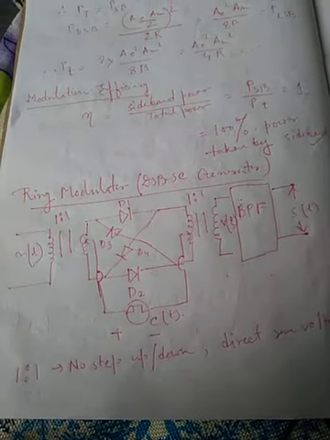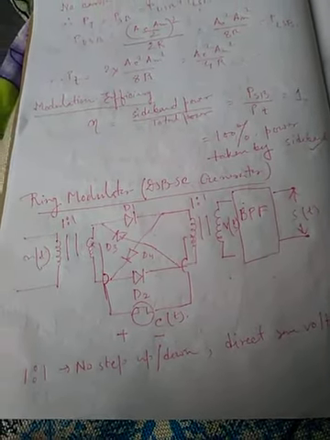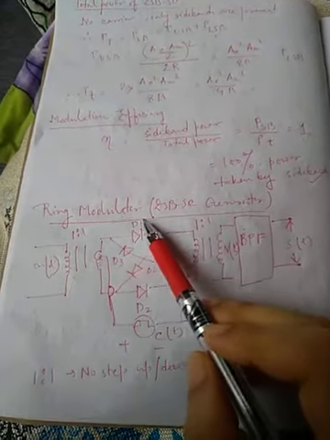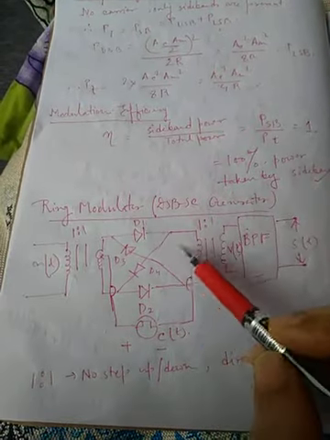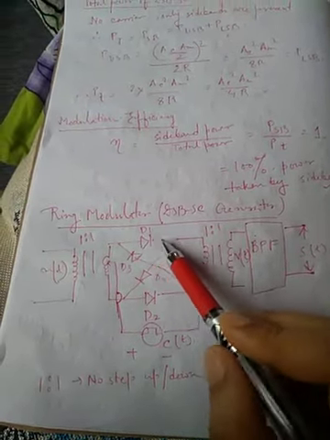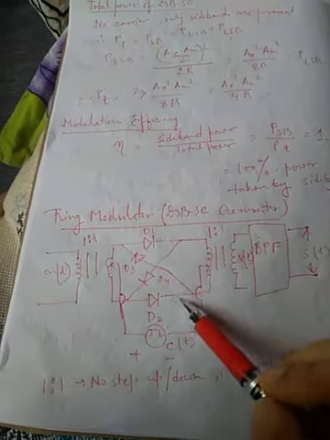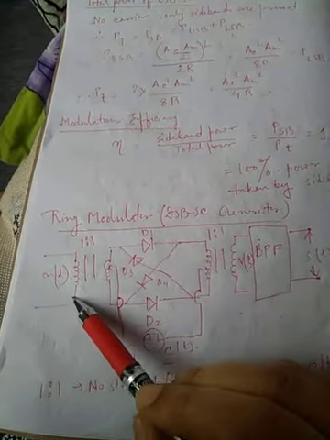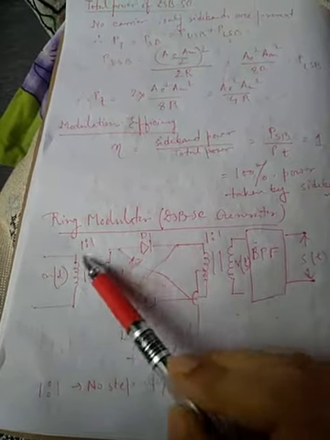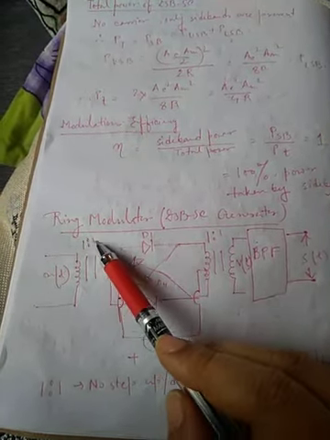That is the modulator circuit of the double sideband suppressed carrier, which is nothing but a ring modulator circuit. Here we can see that 4 diodes are connected in a ring position. That is why this circuit is known as a ring modulator circuit. On the input side we are giving the message, and this is a transformer with 1:1 coupling.